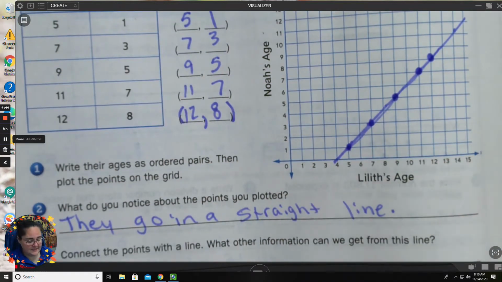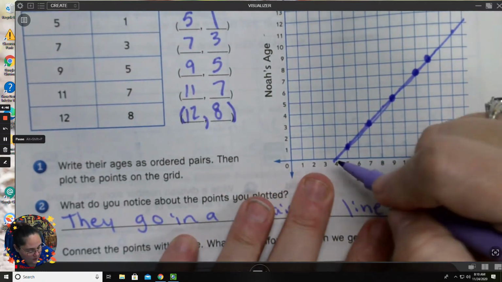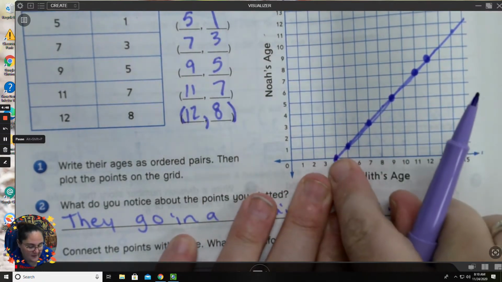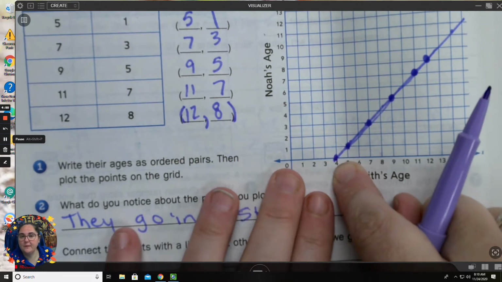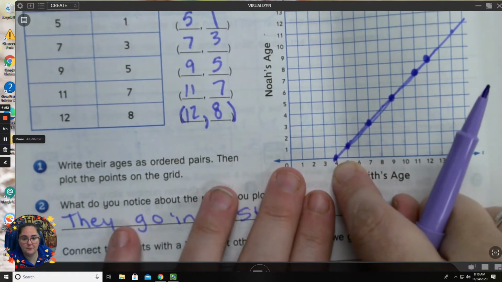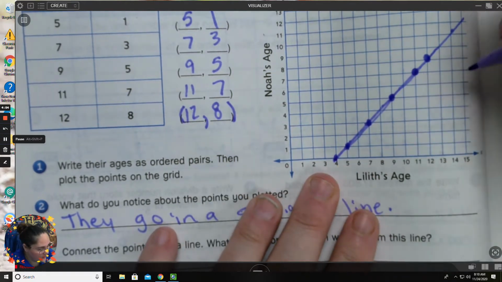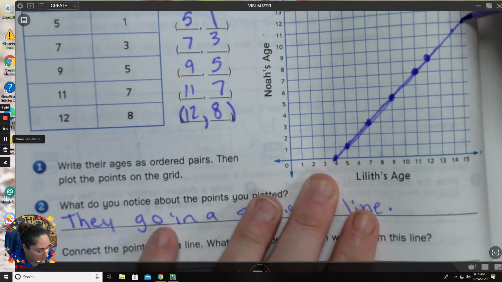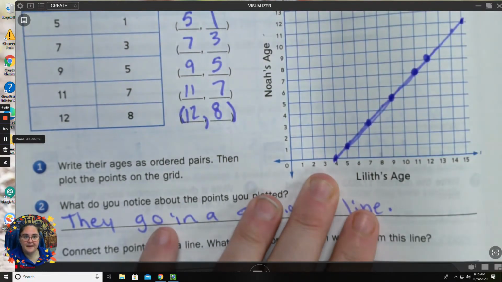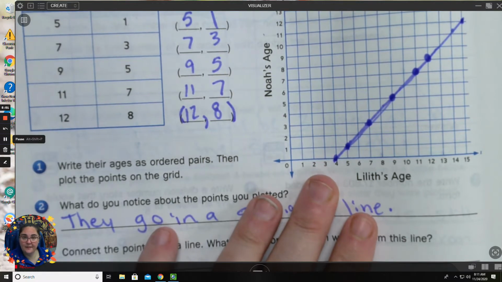Well, when I look at this line, I can tell you that when Lilith was 4, that's when Noah was born. Noah was 0. I can also tell you that when Lilith is going to be 15, Noah is going to be 11. I can look at this data and find other ages because it's going to be proportional.